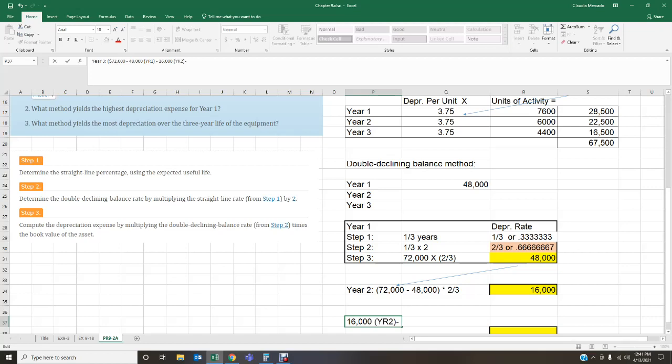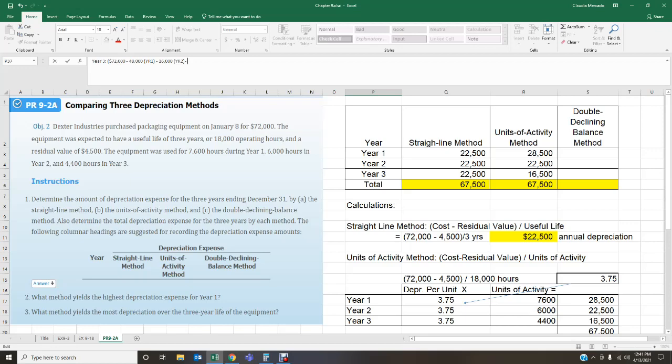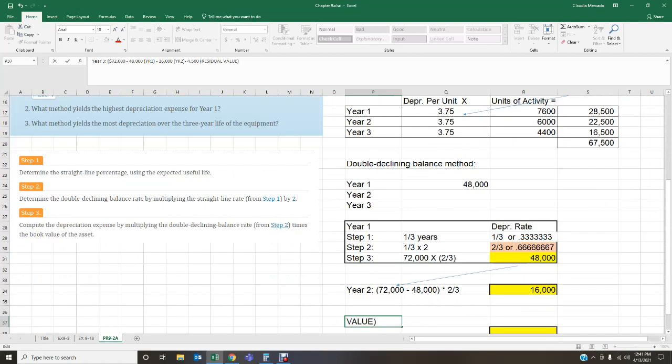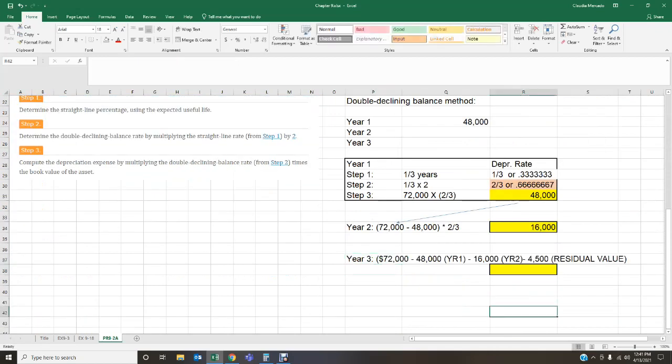we are going to depreciate all the way up to the residual value. So this is the last year that we are depreciating. I need to make sure that I leave my residual value of $4,500, so I'm going to subtract my residual value. Let's see what that gives us.